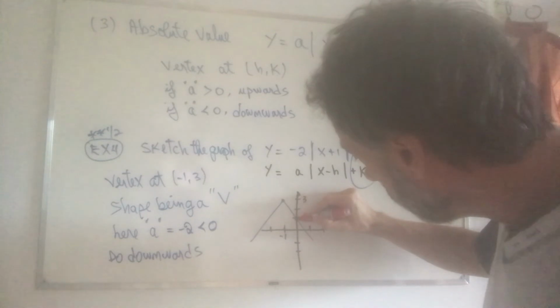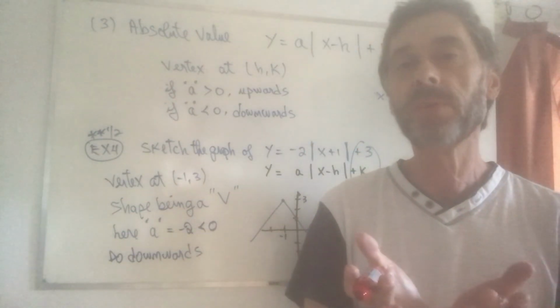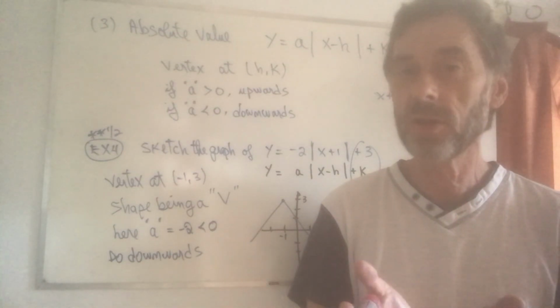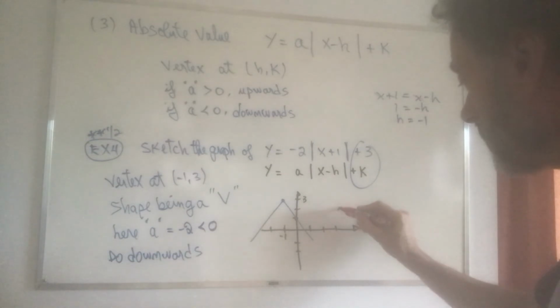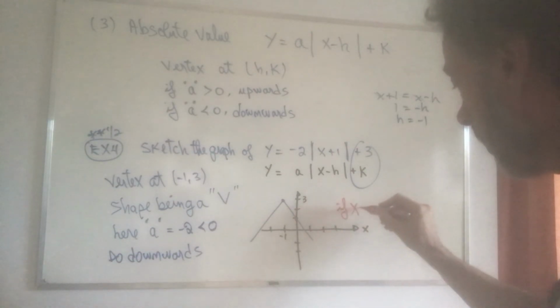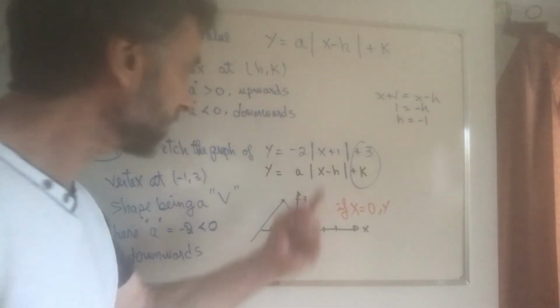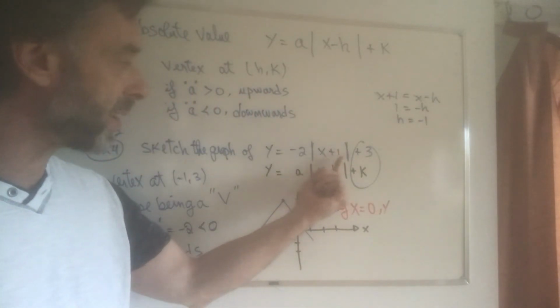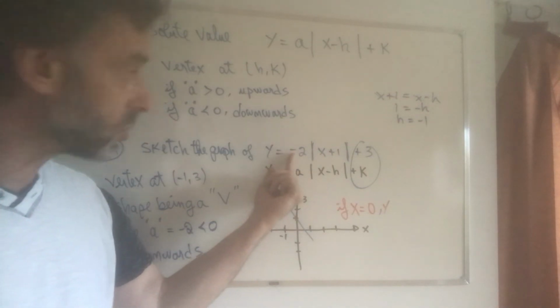What would be the y-intercept of something like this? Nothing is easier to compute than a y-intercept because all we got to do is replace x with 0. So if x is 0, 0 plus 1 is 1, absolute value of 1 is 1. 1 times minus 2 is minus 2, minus 2 plus 3 is 1.